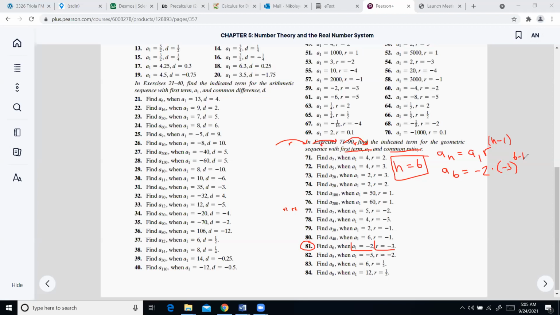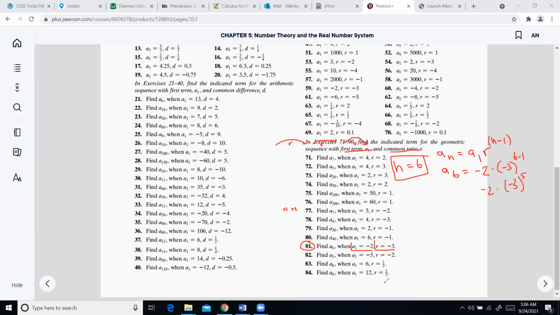So this is my sixth term of the sequence. And of course, it needs to be simplified a little bit. So let me do that. I'm going to multiply -3 raised to the power of 5 by -2.